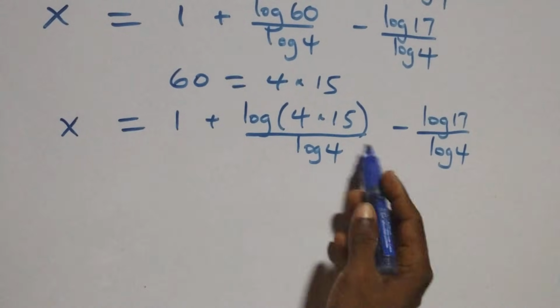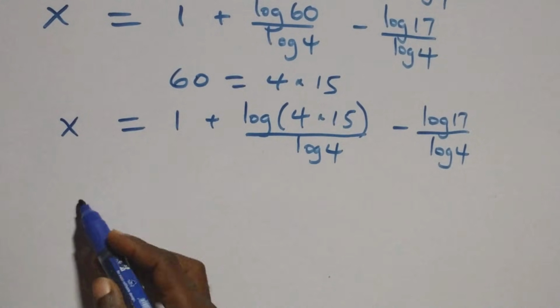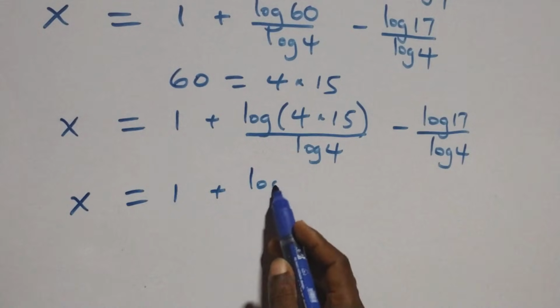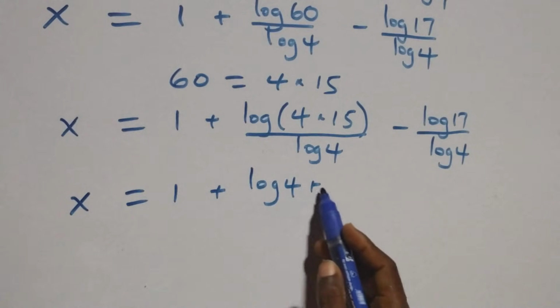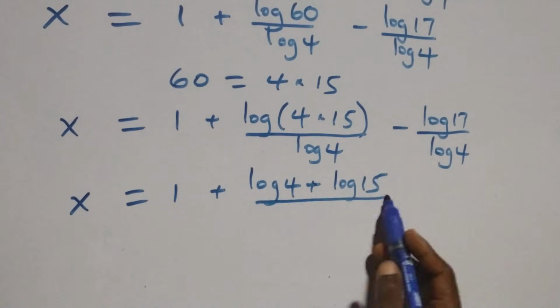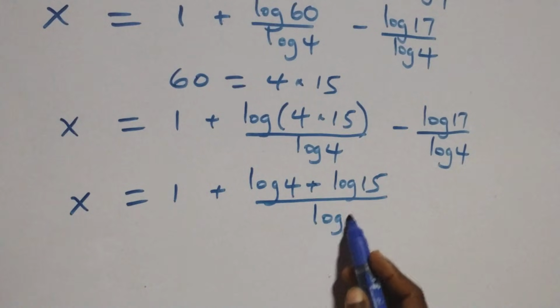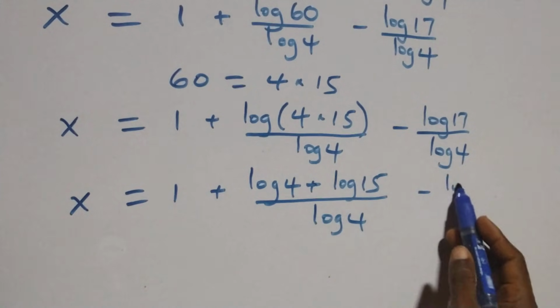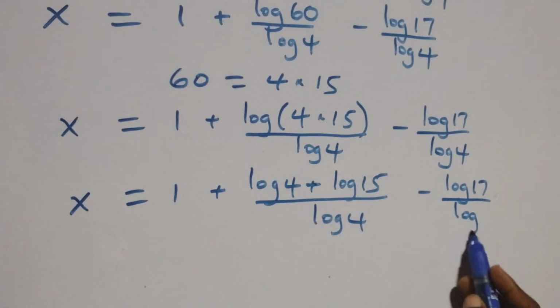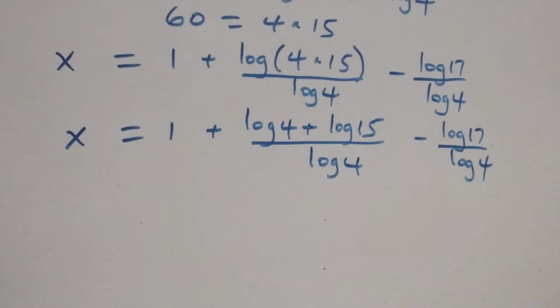At this, we apply the law of logarithm here, and we have x equals 1 plus log 4 plus log 15 over log 4 minus log 17 over log 4. Separate this into two fractions.